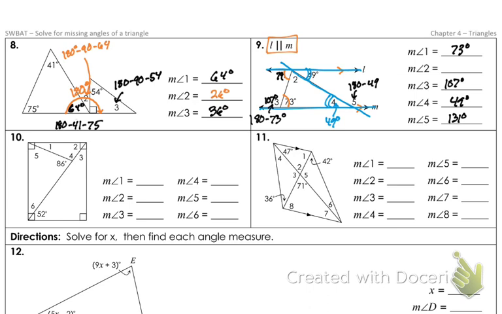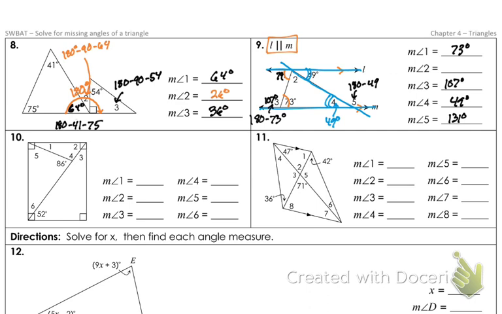You sure? Okay. Anyone else have an idea how to get to it? Alternate interior are actually not going to work for... maybe. How are we going to use alternate interior? With 3? Kind of. So 3 and this whole thing would be alternate interior. So we'd have to subtract away 49. It would work as long as you subtract 49. I'm looking for one where I don't have to worry about subtracting those. So it would work. Do you understand how it would work?